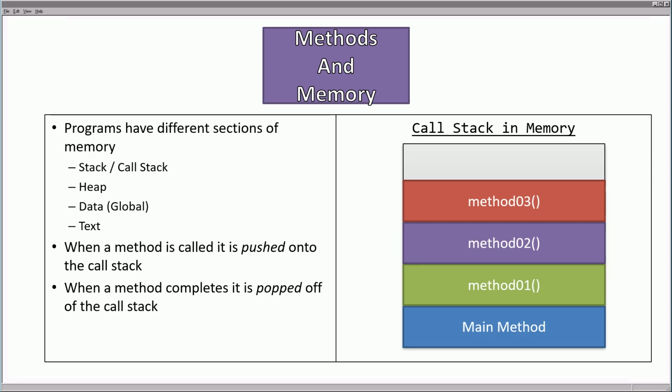So to better explain this, let's look how methods in memory work together. First thing to keep in mind, whenever we are running programs, there are different sections of our memory. There's the stack that we refer to as the call stack, the heap, the data, which is sometimes referred to as the global, and also the text section of our code.